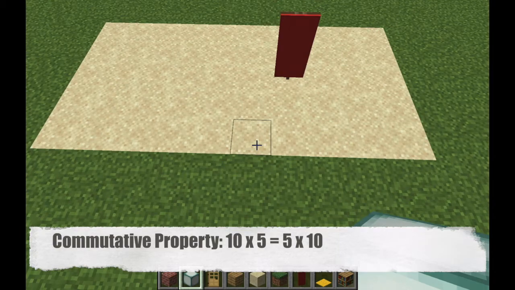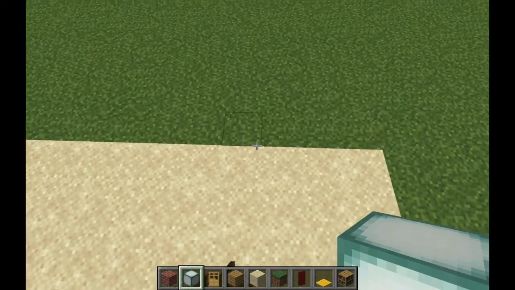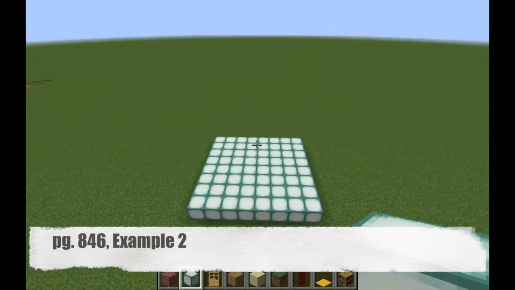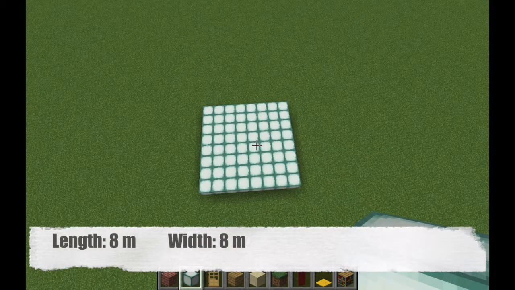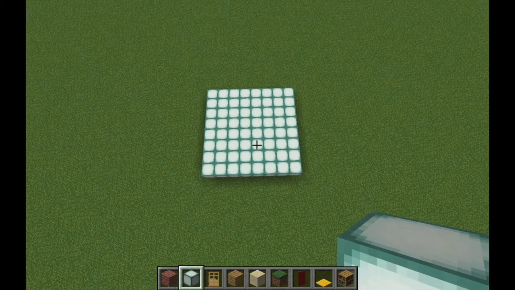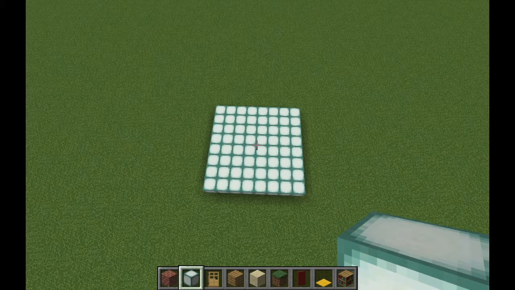Now, let's take a look at example 2 on the next page, page 846, and it's going to give us a square that is 8 meters by 8 meters. It's a square, so you know all the sides are going to be 8. Now it's starting to get a little longer.